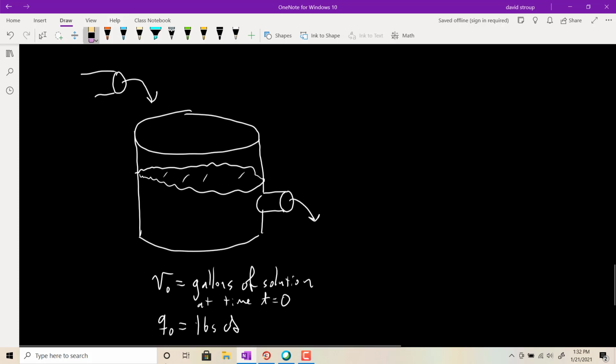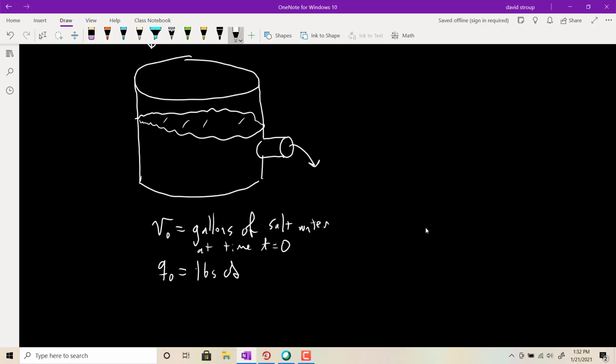So let's just call everything salt water. It could be that it's just distilled water at first with no salt in it. So Q sub 0 can be 0. Q sub 0 is the number of pounds of salt in the salt water at time t equals 0.